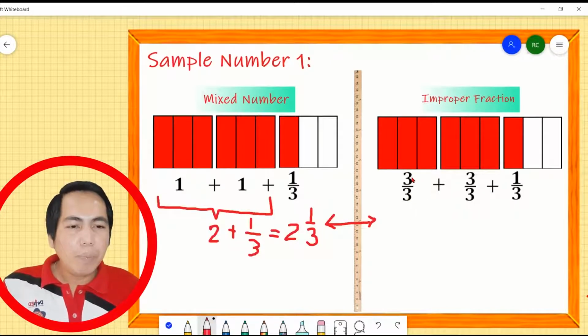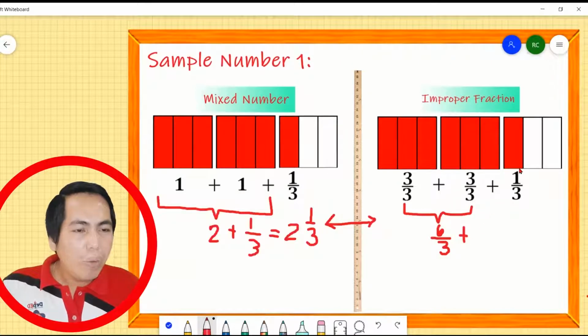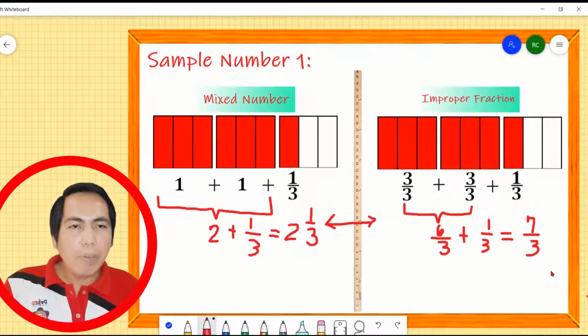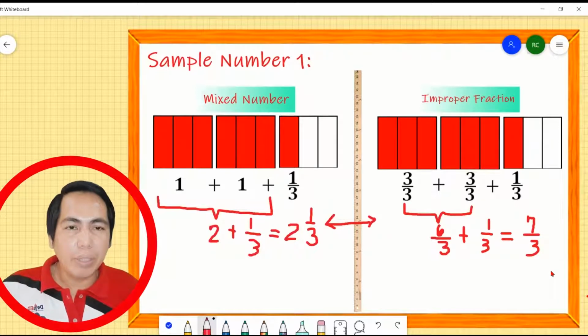So, we have 3/3 plus 3/3, which will give us 6/3, since when we are adding similar fractions, we only add the numerators and then copy the common denominator. Plus, we have 1/3 here. So, 6/3 plus 1/3 will give us 7/3. In other words, the equivalent of 2 and 1/3 in improper fraction is 7/3.